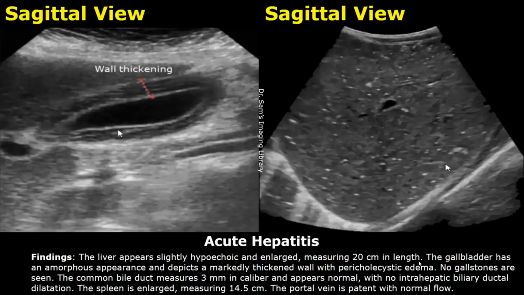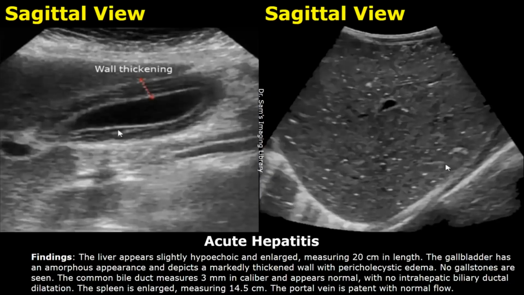In this case, it is measuring 20 centimeters. Hepatitis also affects the gallbladder wall, so you can write a thickened gallbladder wall with pericholecystic edema. If other features are seen, you can also mention them in the findings, such as an enlarged spleen.